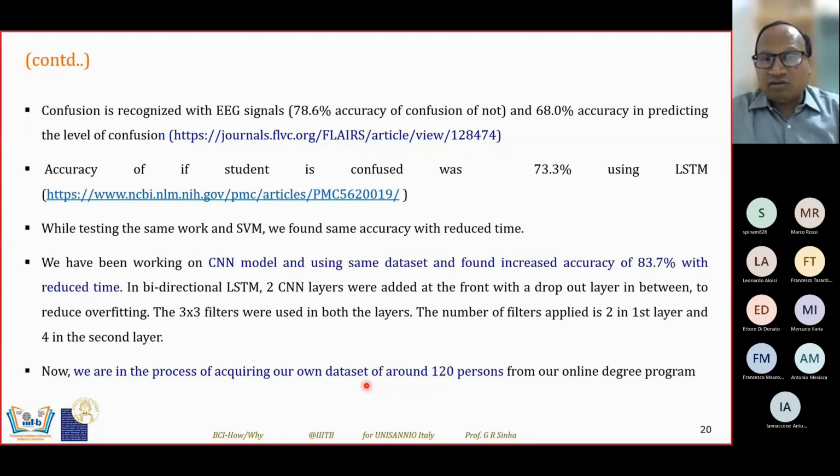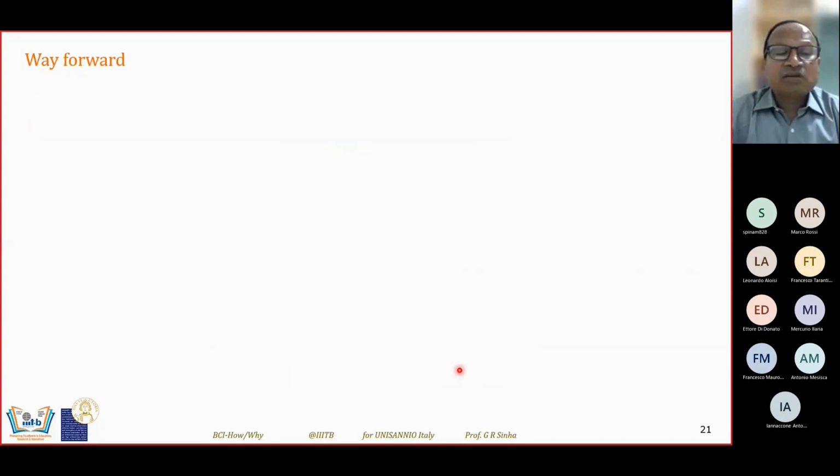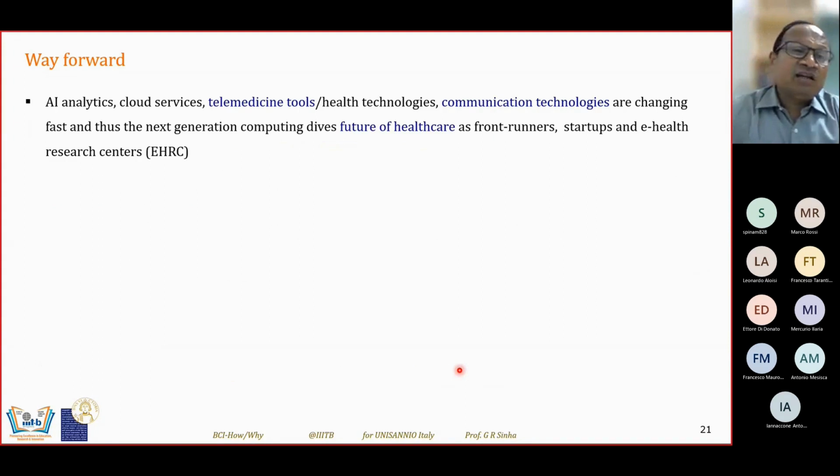If you want to study this kind of work and bring a good conclusion, then you need to have a larger number of persons. We offer online programs also at our campus. So getting subjects is definitely one task, where we are in the process of creating our own data setup of around 120 persons. So what is the way forward in this area?